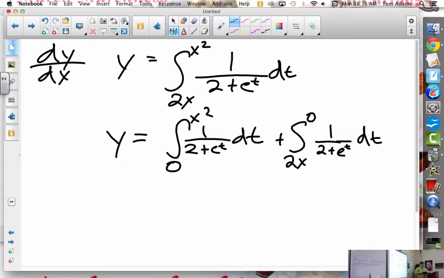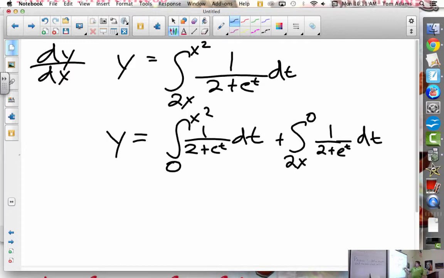So what I'm saying is that I'm assuming 2x is going to be on one side of 0, and x squared will be on another side of 0. Now, I can make that assumption because 2x is a linear function. I can have negative values, so x could be less than 0 or greater than 0, but I know for a fact that x squared is going to be a positive value.